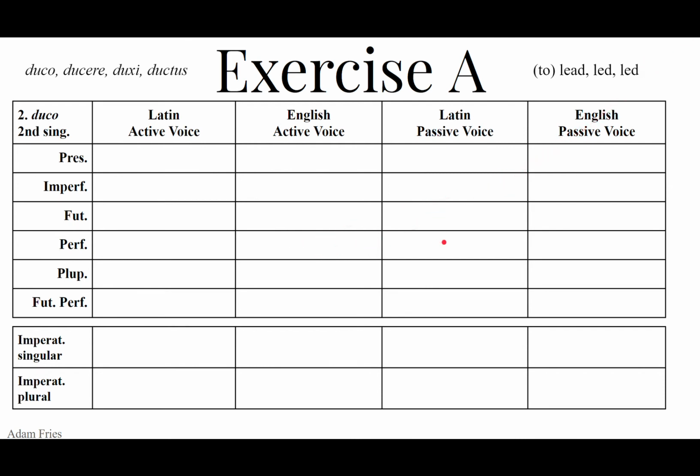And then the passive would be ductus, a, um, helping verb would be es, the present of sum. Sum, es, est, sumus, estis, sunt. So ductus, a, um, es. You were led, second principal part. You have been led, third principal part.